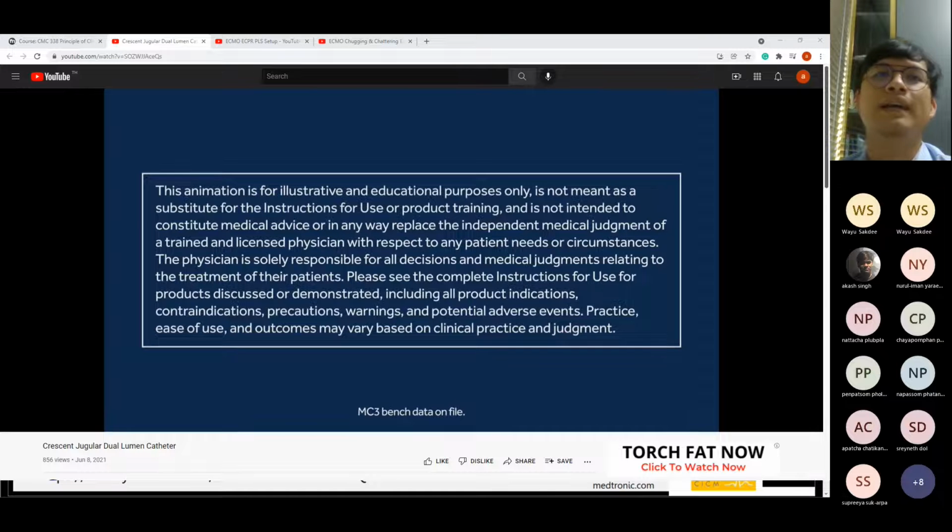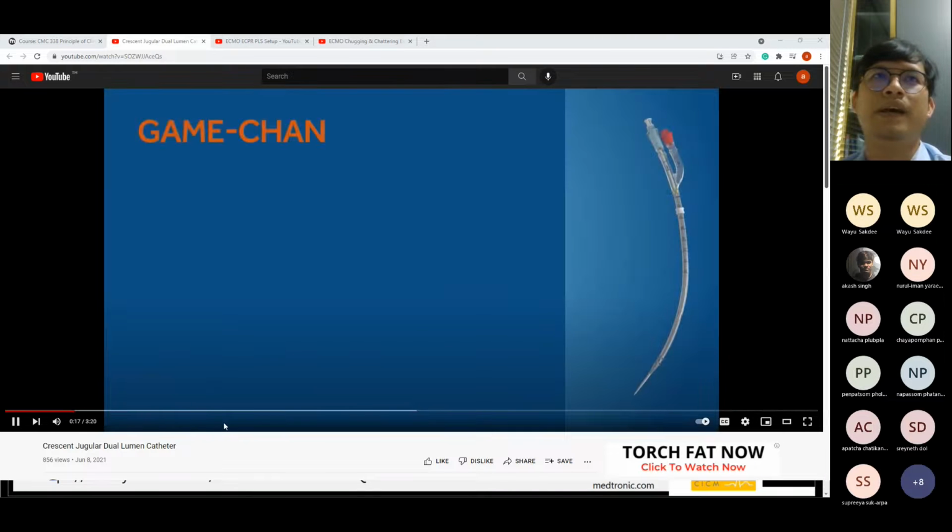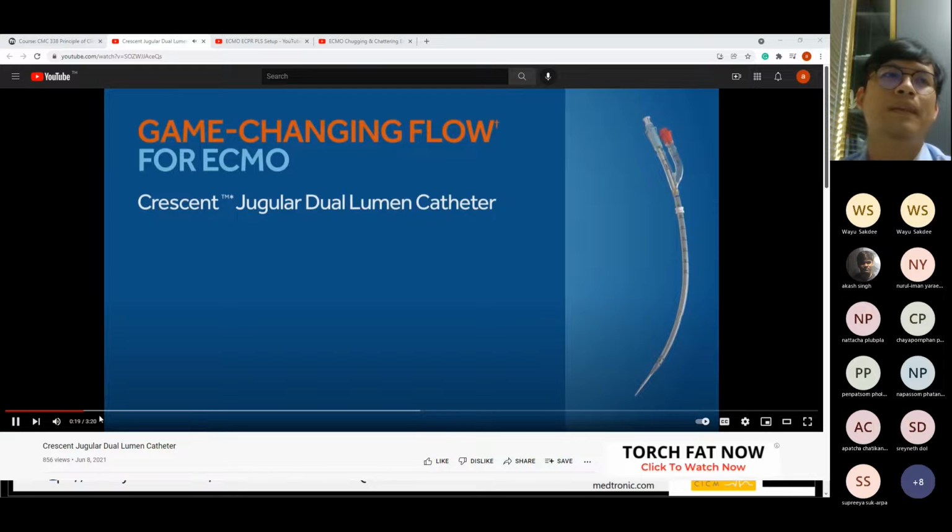This kind of cannula comes from the Medtronic company. It says that the Crescent jugular dual lumen catheter provides game-changing flow.